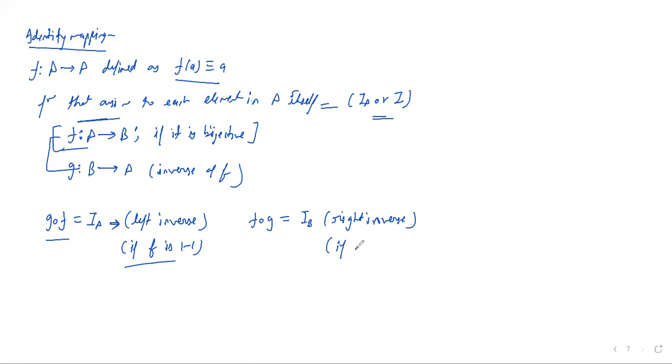It is when the function f is onto. So this is all about the identity mapping and inverse. So we mainly use real functions. What are the real functions? The real functions are those whose codomain and domain are subsets of the reals.